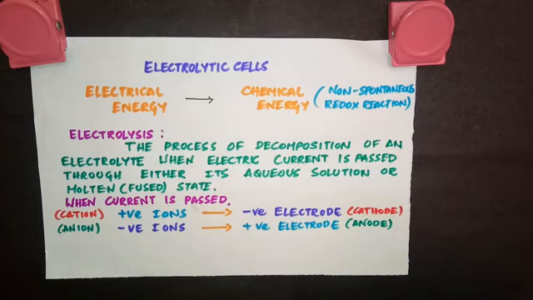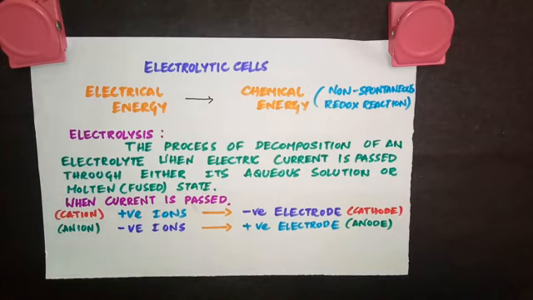So before moving into the electrolytic cell setup, let's define what is electrolysis. Electrolysis is the process of decomposition of an electrolyte when the electric current is passed through either its aqueous solution or molten state.